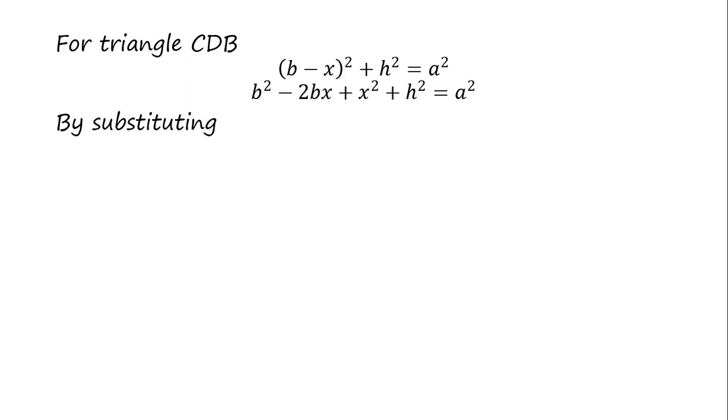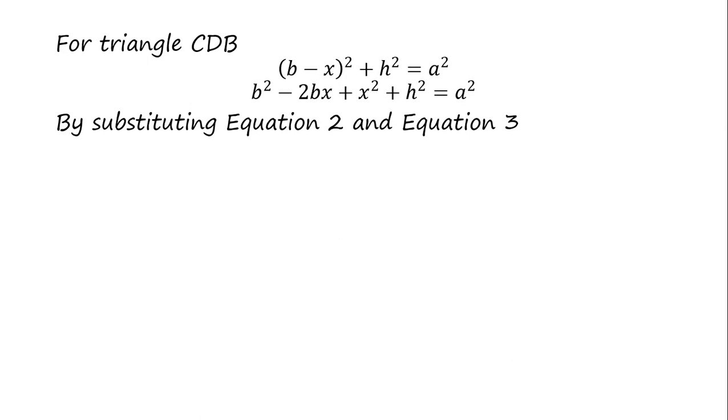On to the next triangle CBD, we have b minus x, squared, plus h squared being equal to a squared. So we can expand that, and our b squared minus 2bx plus x squared will be equal to that. Substituting to eliminate x in that equation, remember we had the expression for x and x squared in equation 2.